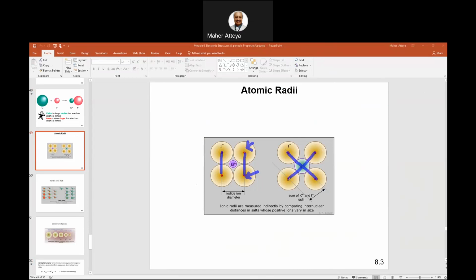That's between adjacent atoms, the distance between them will be the atomic radius. This gives you the diameter here. So you don't have to worry about this, but at least you will know the definition of atomic radius.